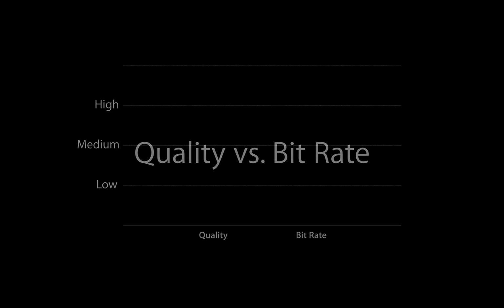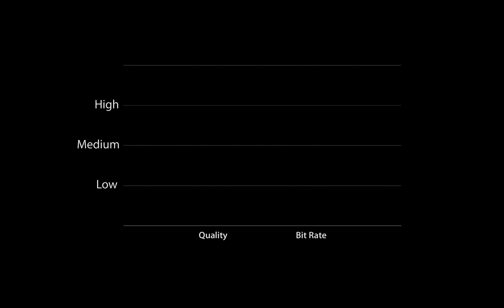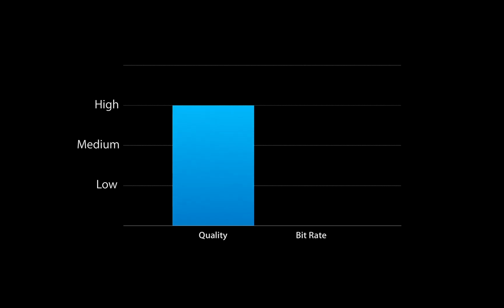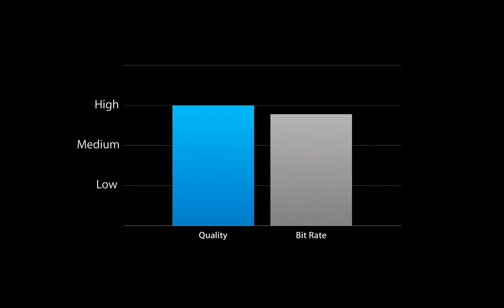So let's say we're preparing some content. If you're like me, you go for high quality first. So great, we have high quality. Now in this case, what happens with the bitrate? Well, unfortunately, if you have high quality, you also tend to have a high bitrate. Now that's okay, but not what we want if we're streaming this content or storing it on a server.